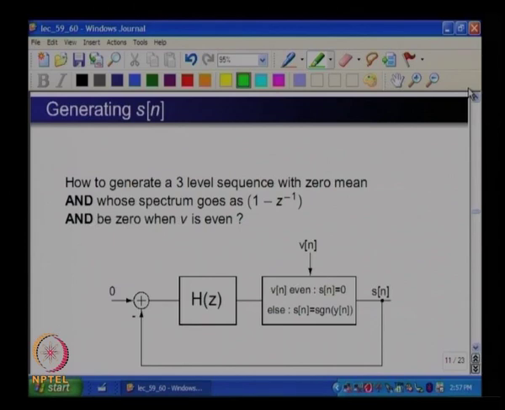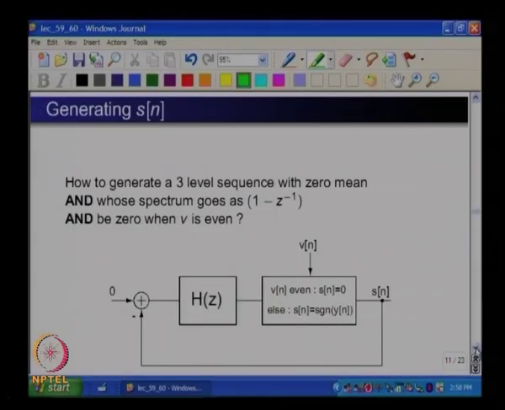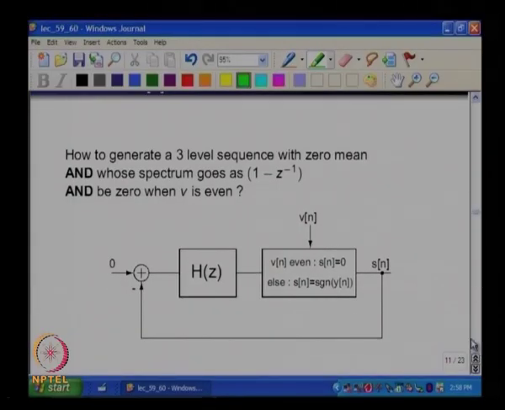I mean, it could in general be more than 3 level sequence, because all that you need to make sure is that V plus S and V minus S should not go beyond the range 0 to 2 to the m minus 1, correct. But the simplest case perhaps is to say I am going to assume an S of n which is 3 level, -1, 1 and 0.